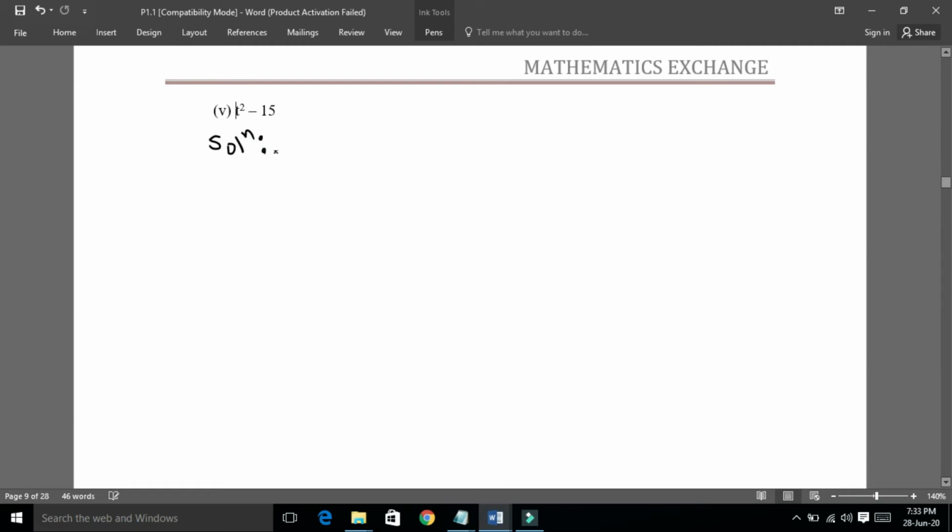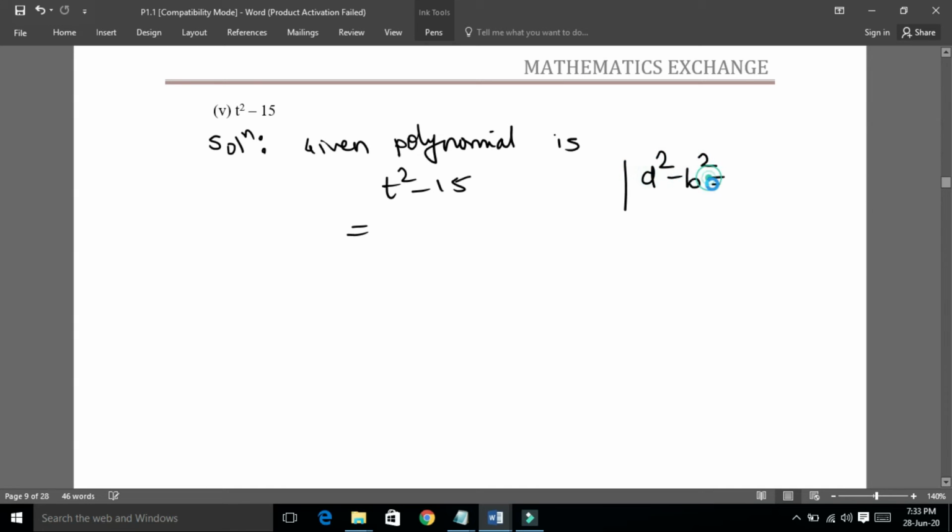Now in question 5, the given polynomial is t square minus 15. In this polynomial the middle term is missing, so we have to arrange this polynomial in the form a square minus b square, so that we can apply the identity of a square minus b square, so we get a plus b into a minus b.